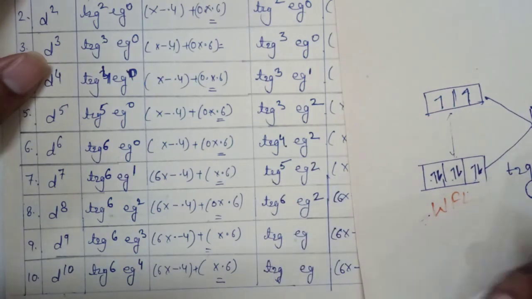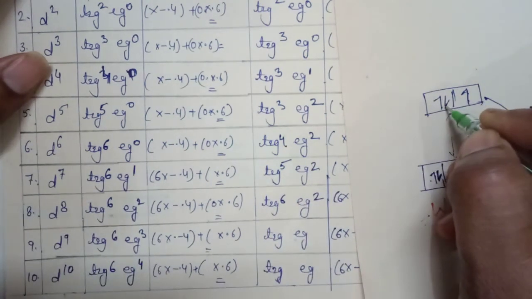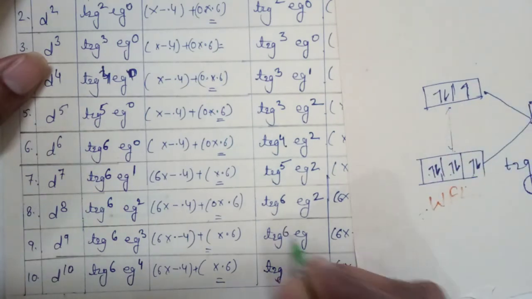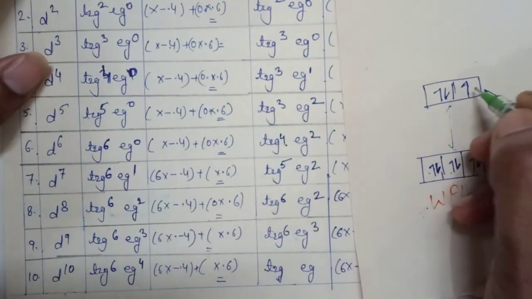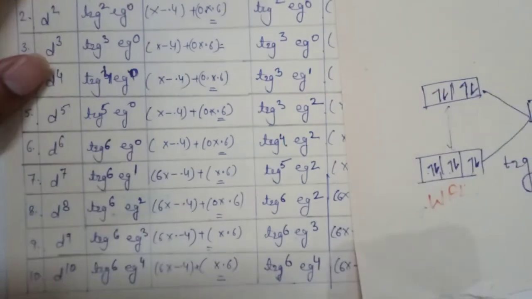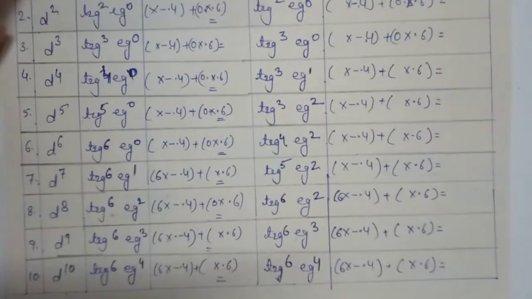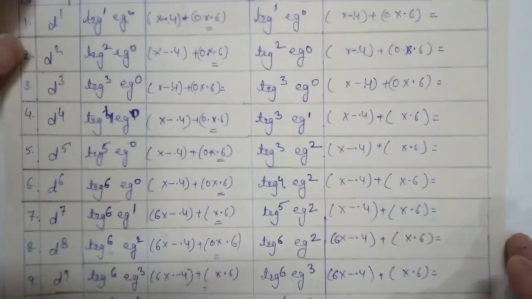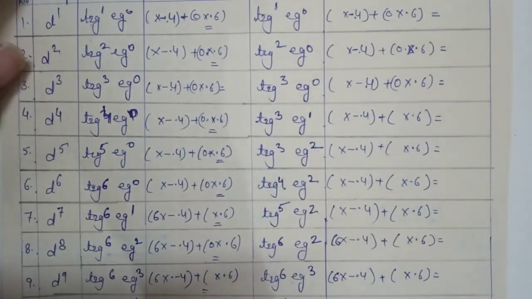Okay, the eighth electron is filled, then the ninth electron goes into eg orbitals, making it 3, and the tenth electron also goes into eg orbitals, making it 4. Now you can see the electronic configurations of all the d orbitals.